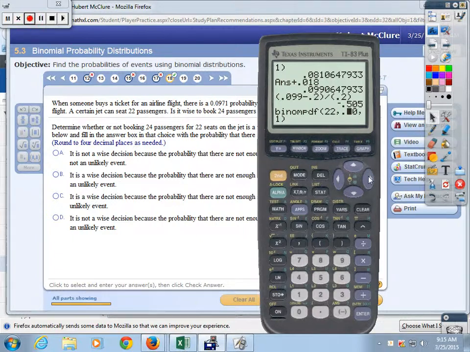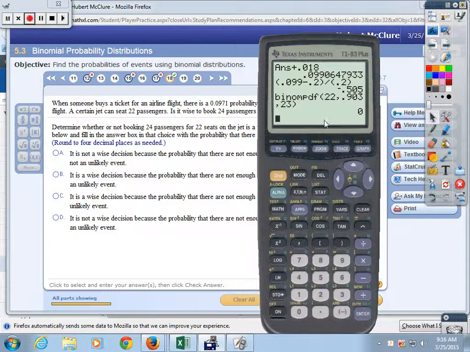Just give me 2 decimal places. 0.9 what? 903, which is 0.90. Let's go ahead and put the 3 in there because they probably did. And probability of 23 showing up. Close parentheses.